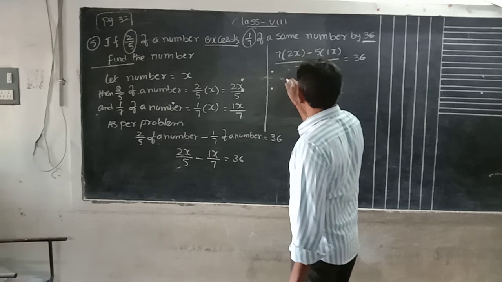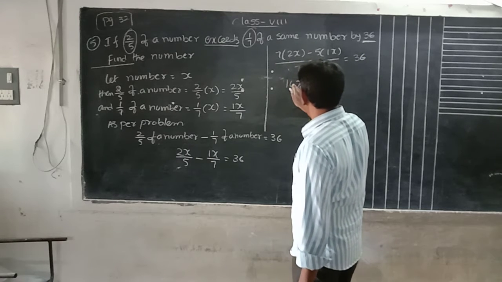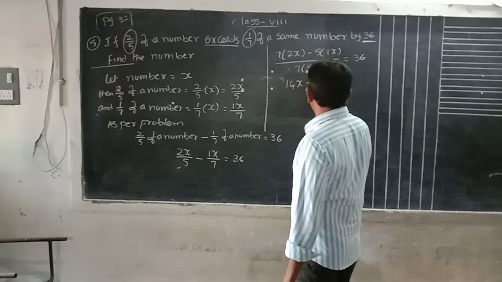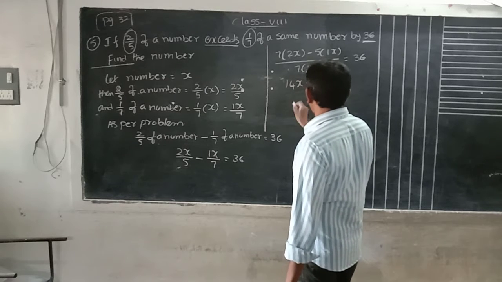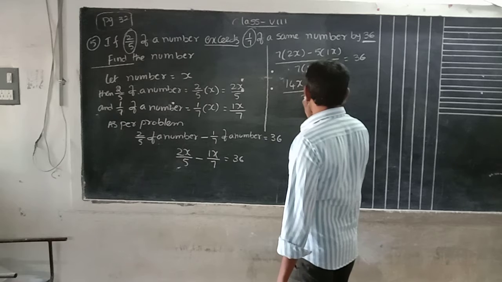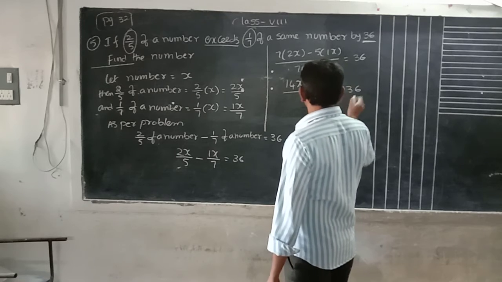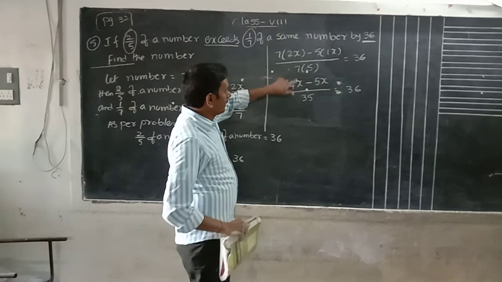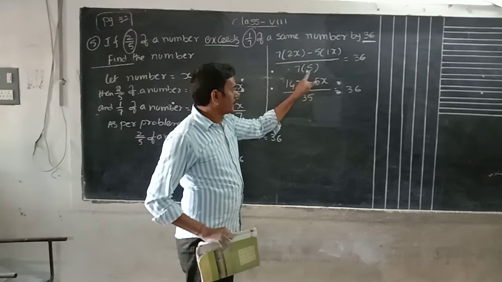Now multiply: 7 twos are 14x, minus 5 ones are 5x, by 7 fives are 35, equal to 36.